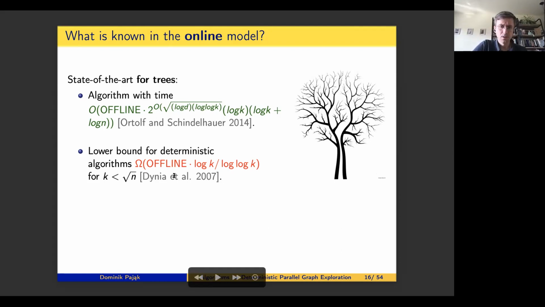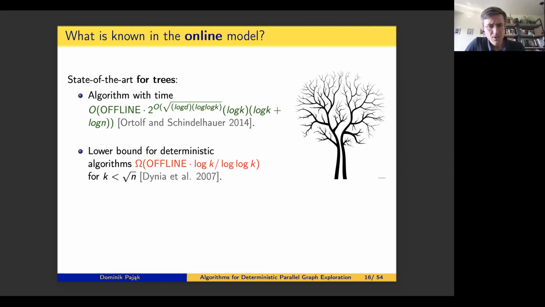So here it says, it's actually done by some people from Wrocław, that the cost of exploration is always offline times some factor that depends on k. So you cannot get exactly the offline exploration time. You have to pay some additional penalty.